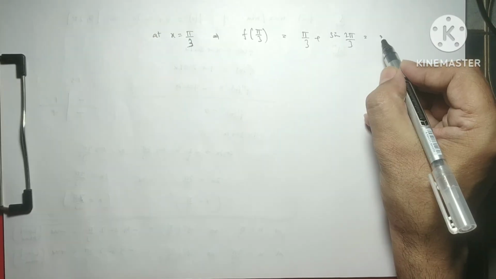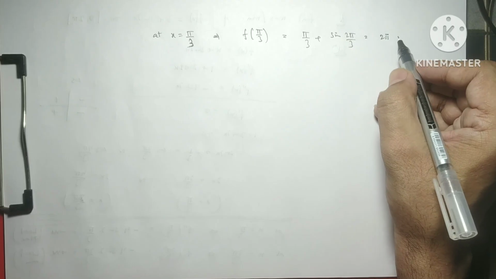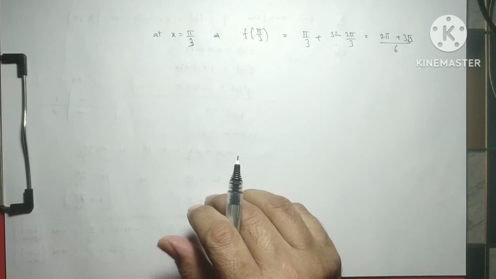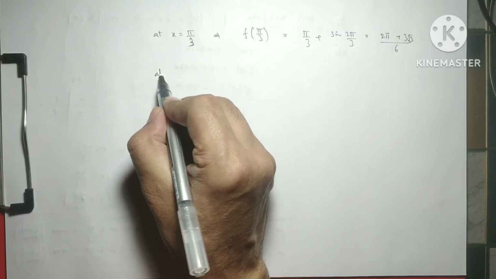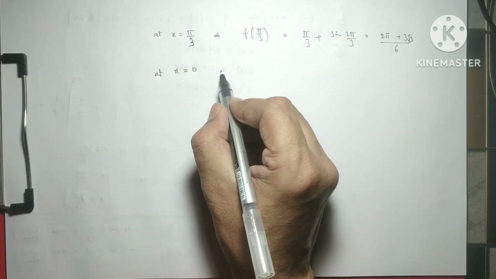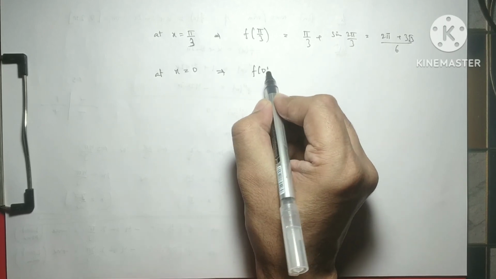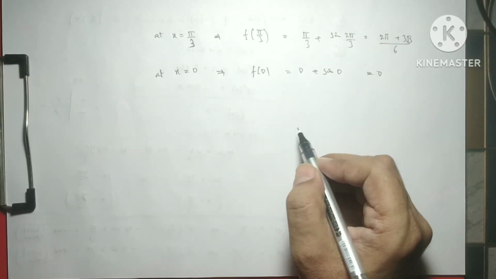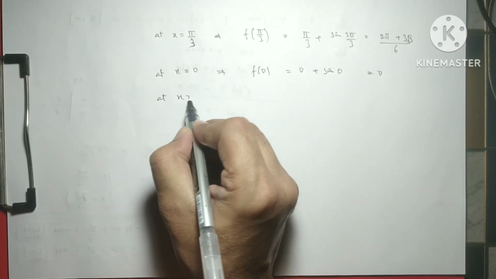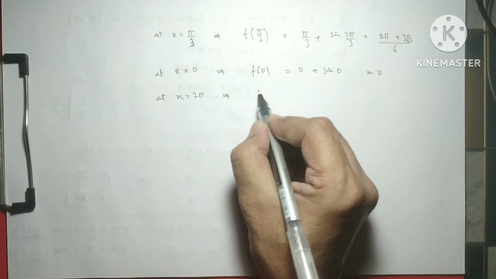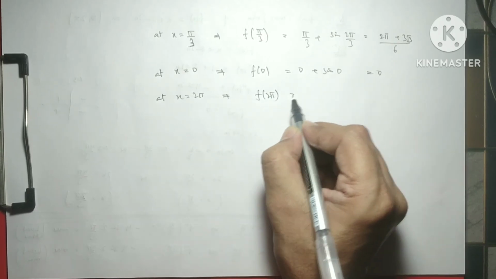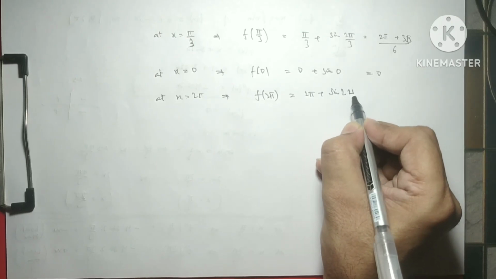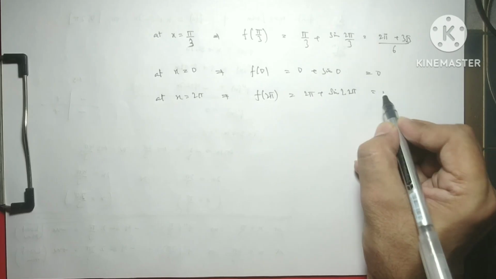So we get 2 pi plus 3 root 3 over 6. At x equals 0, we get f of 0, so it will be 0 plus sine 0, that will be 0. At x is 2 pi, we put f of 2 pi, so it is 2 pi plus sine 2 into 2 pi, that is sine 4 pi, this is 0, and you get 2 pi.